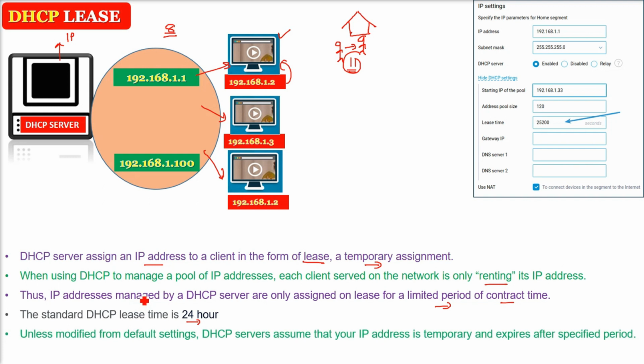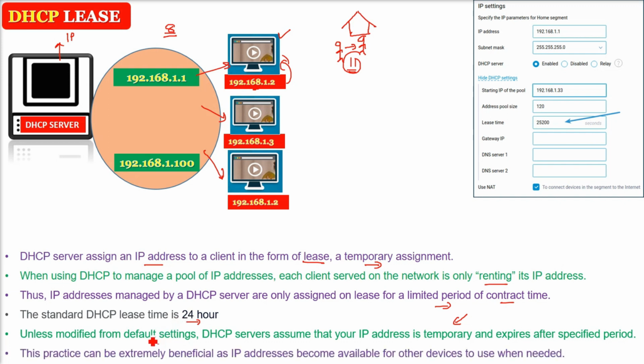Unless these default settings are modified, the DHCP server is going to assume that your IP address is just temporary and is going to expire after that lease time or specified period. And this is very important and beneficial.